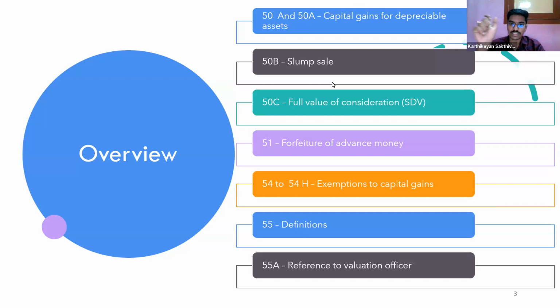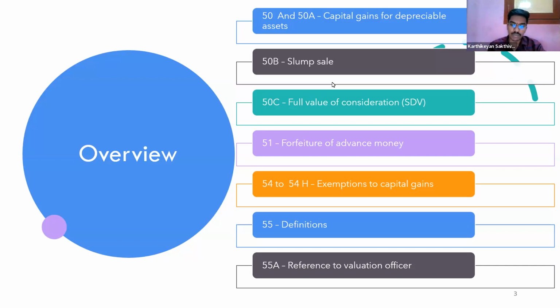Whatever is given in section 10 will not be included in income at all. That alone is known as exemptions. If you include something in income and after that withdraw it, that is known as deduction. So basically 54 to 54H are better called deductions, right?